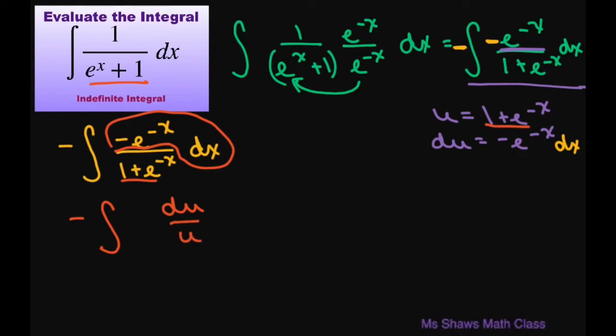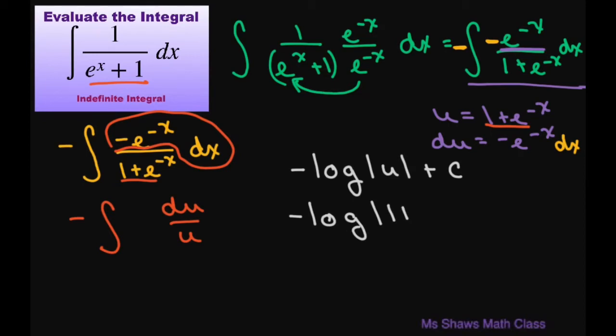And then when you integrate this, you're going to get negative log, or natural log, whatever you want to use, of u plus c. Or you substitute back in your u, that would be negative log of absolute value of 1 plus e to the power of negative x plus c.